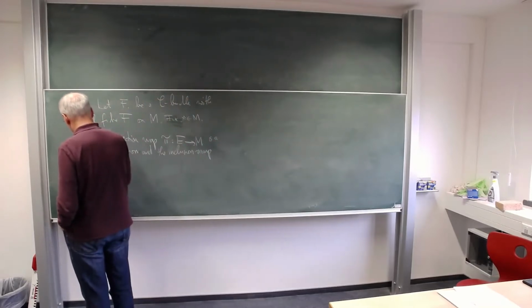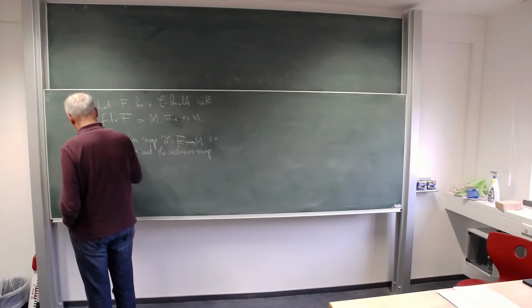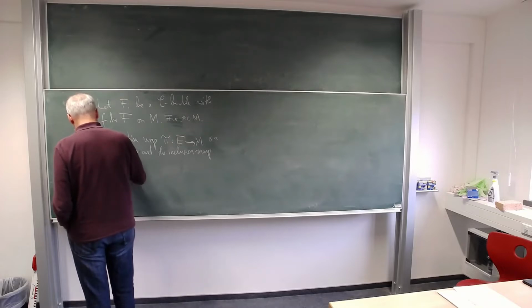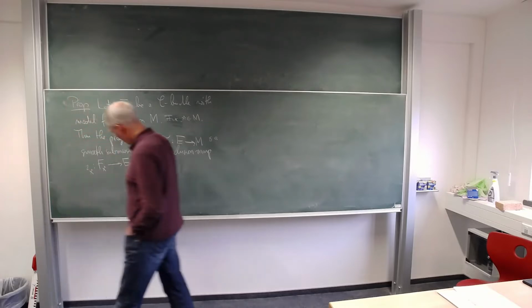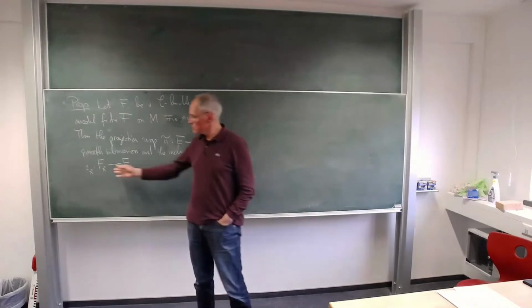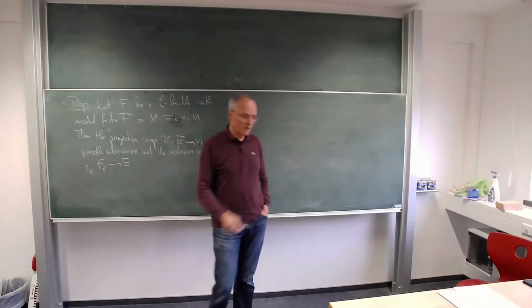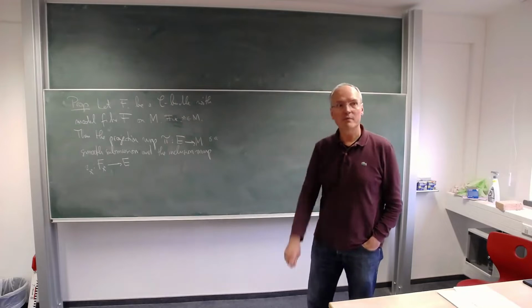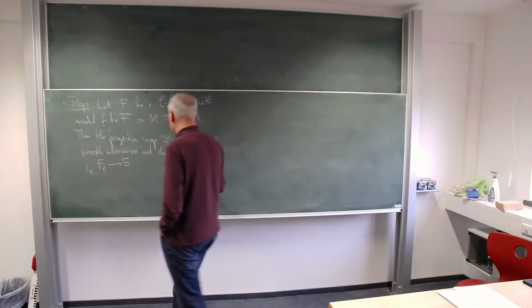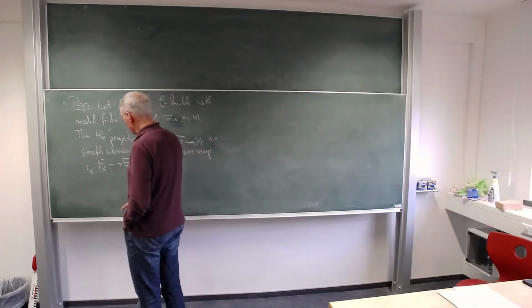We call it iota x from the fiber over the point x into the total space. So the total space is the disjoint union of all these F_x's. So in particular we have the inclusion map of one of them, and this inclusion map is also smooth.